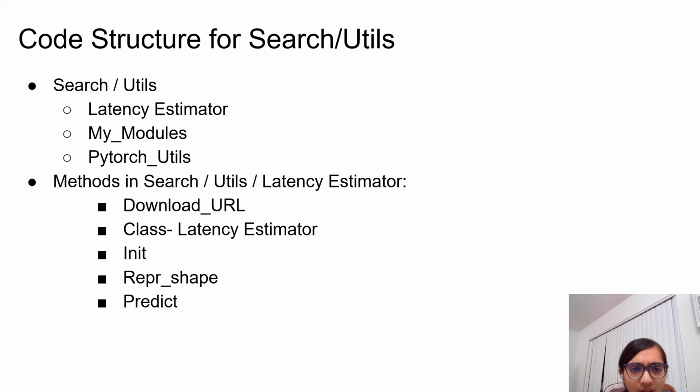The first one is the latency estimator. In latency estimator, you have different methods implemented and defined as download URL, class latency estimator, init, repository, shape, and predict. Predict has different layers in it.